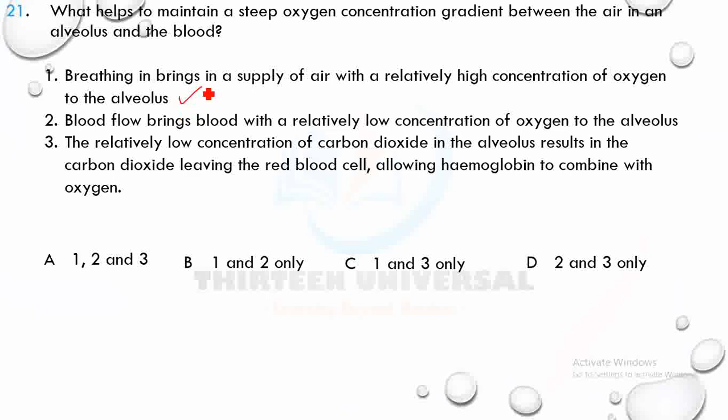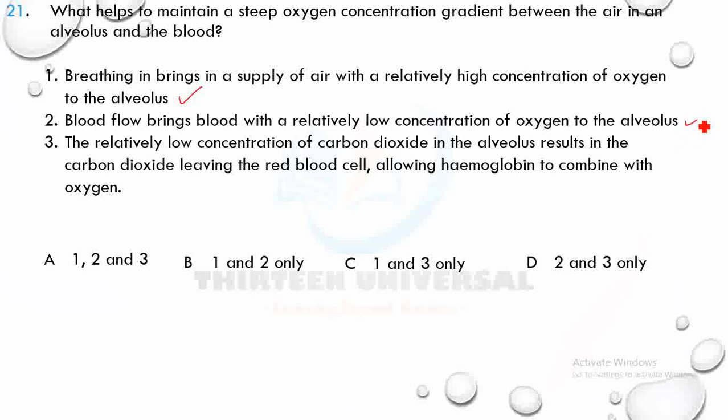Correct. Blood flow brings blood with relatively low concentration of oxygen to the alveolus. Yes, so that creates a steep concentration gradient. The blood coming to the alveolus has low oxygen, while the air in the alveolus has high oxygen concentration.